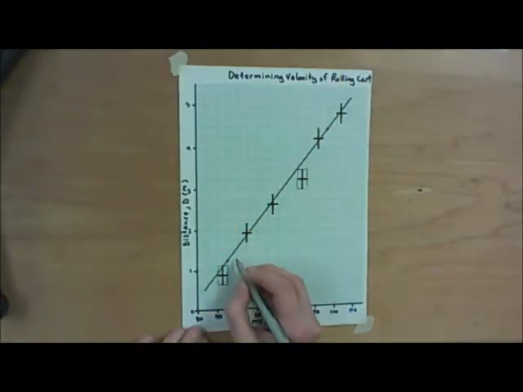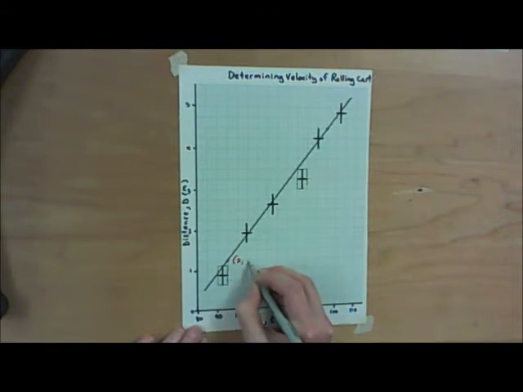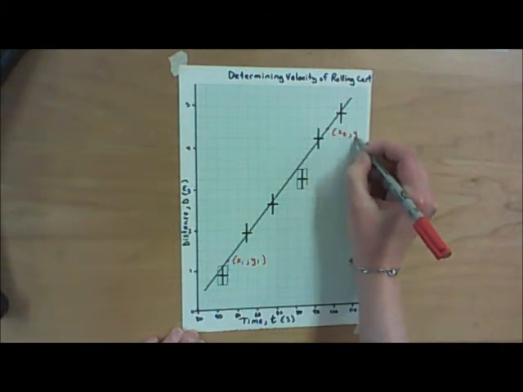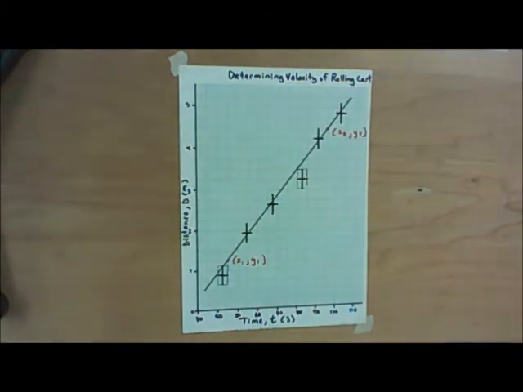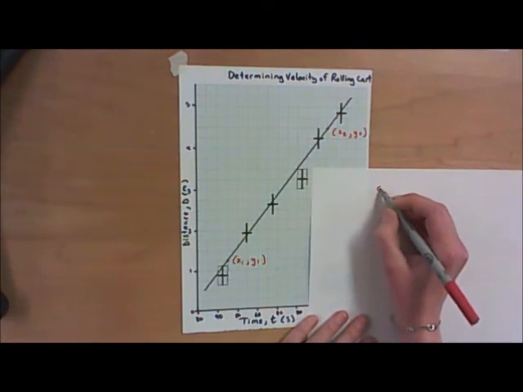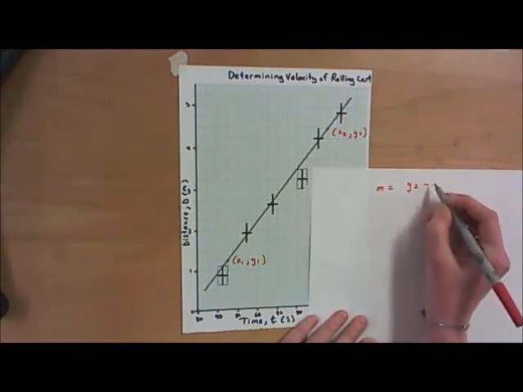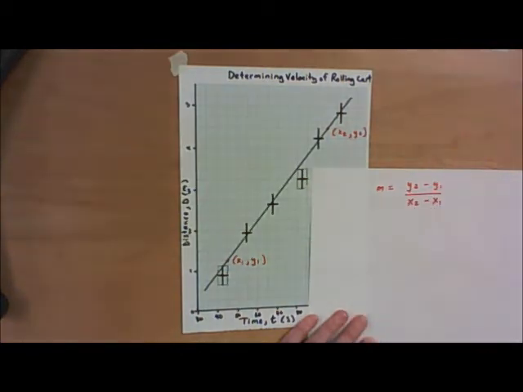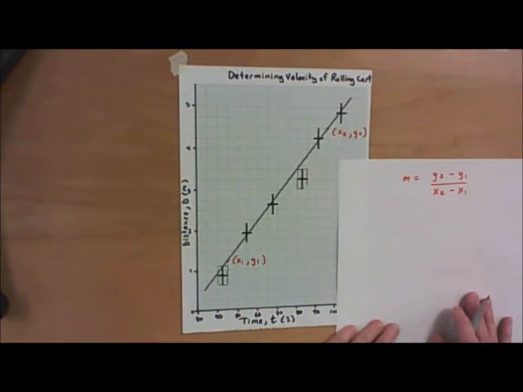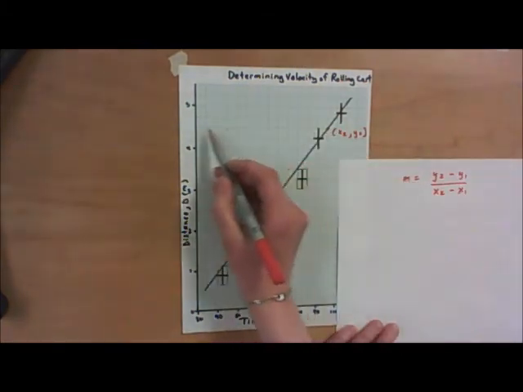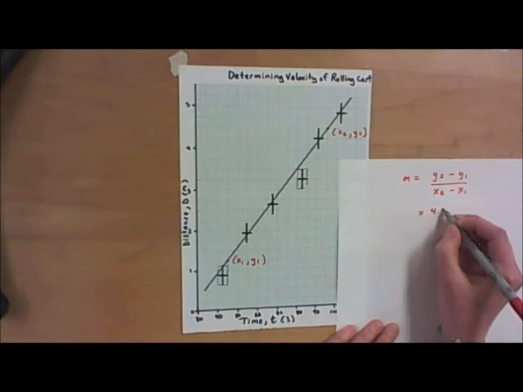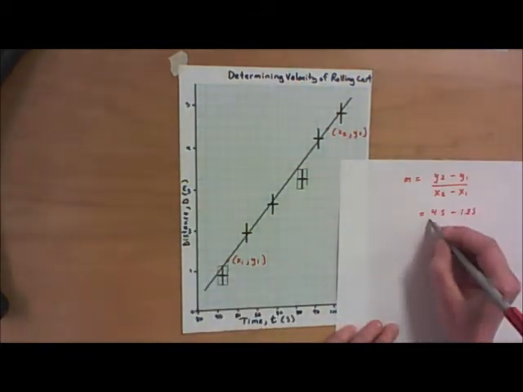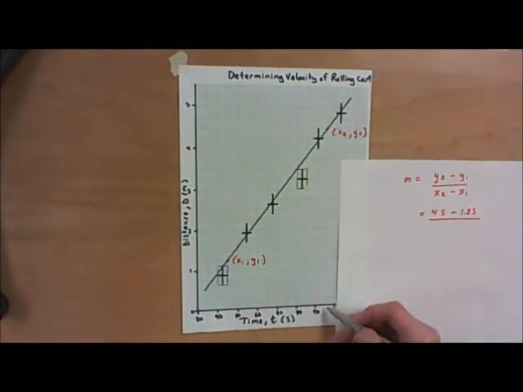Now I'm going to label these. So this will be x1, y1, and this one will be x2, y2. So then the slope calculation is one you've probably seen before. Slope is equal to y2 minus y1 over x2 minus x1. I can actually read values off of my graph now. So y2 will be this value, so that's 4.5. y1 will be 1.25. x2 is 95.